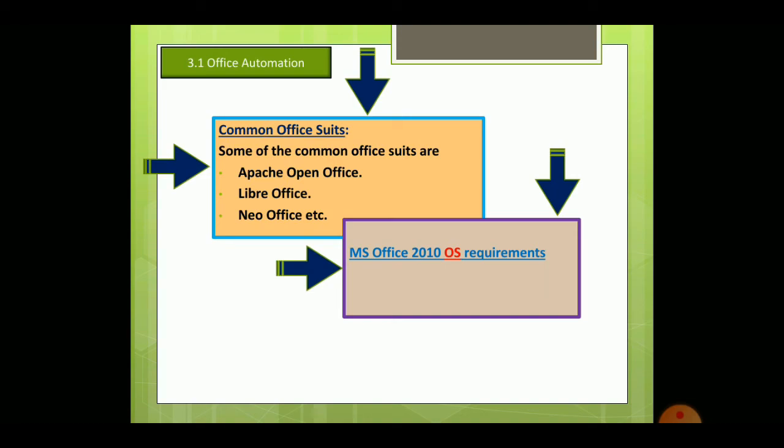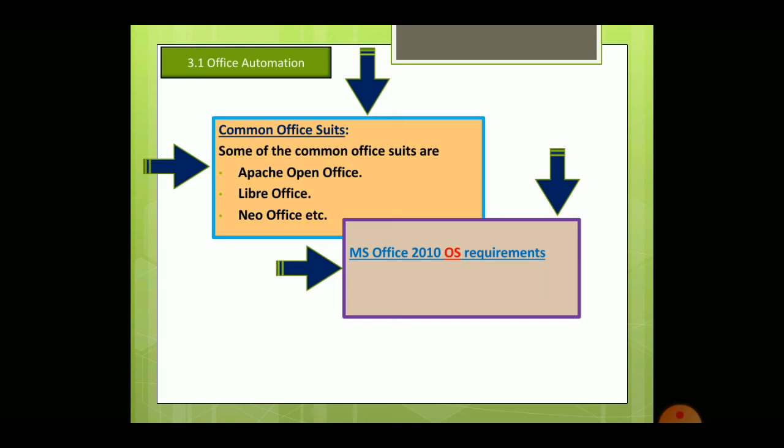Depending on the type of work that we do in the offices, we have different kinds of Office packages. Then we have different operating systems on which these packages run.